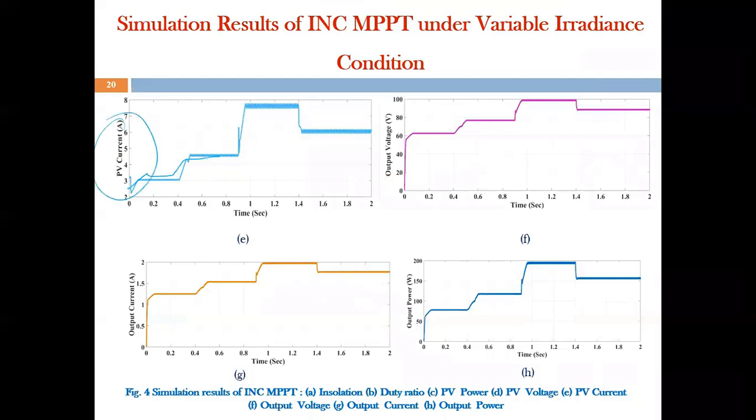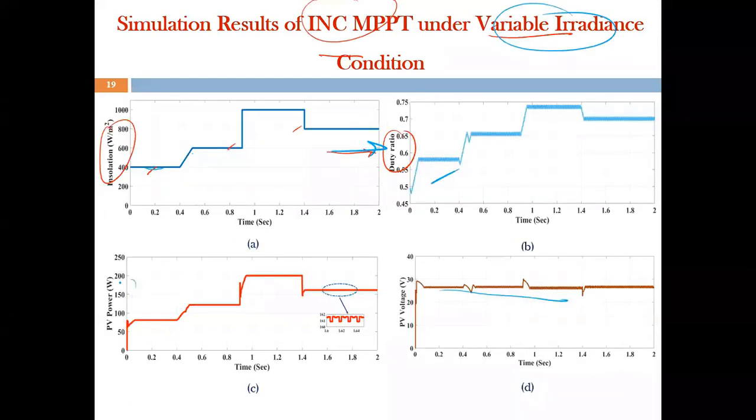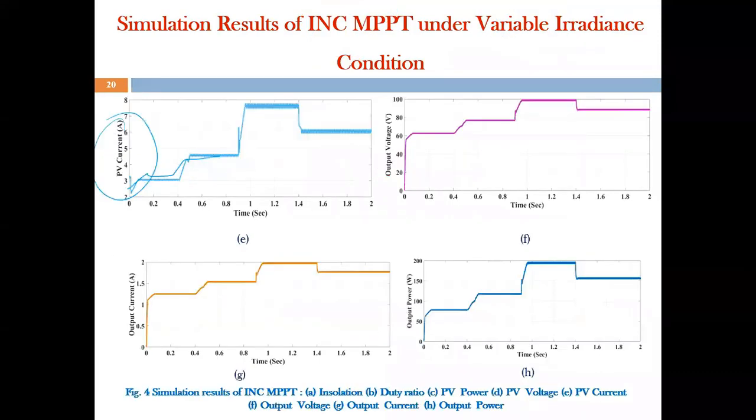Because PV current changed, PV power will also change, as it is a multiplication of V and I. In the same way, the output voltage and output current of the DC-DC converter, and this is the output power.